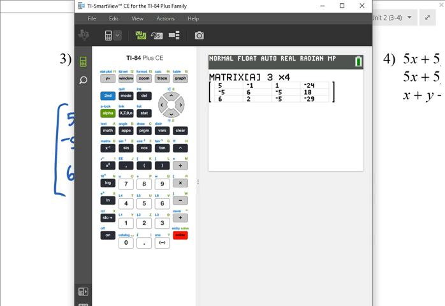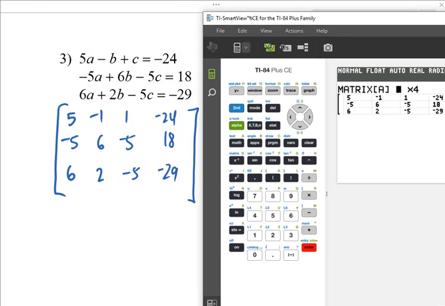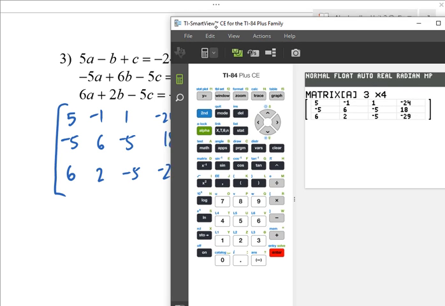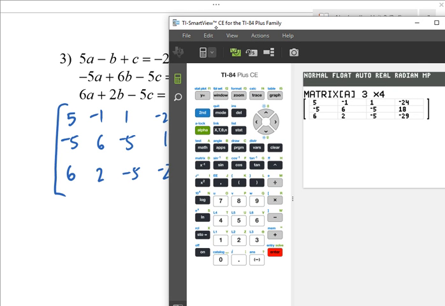Okay, and then press enter. And then you can put all of the numbers from our augmented matrix in the calculator. Okay, so you should end up with a matrix that looks exactly like the one I have up here on the screen. So go ahead and change it to a 3 by 4 and then start typing in the numbers from our augmented matrix.